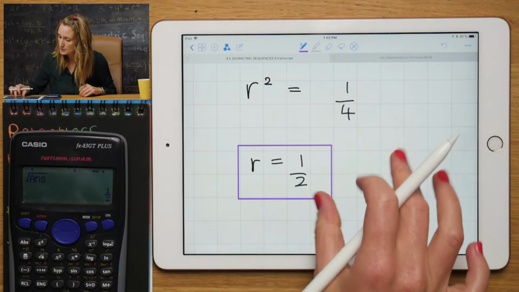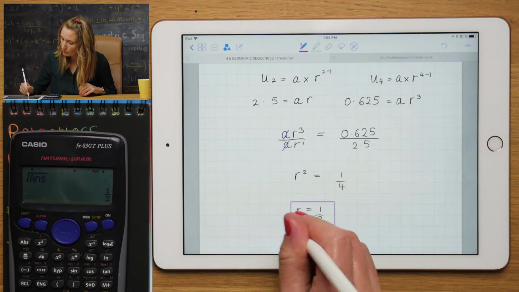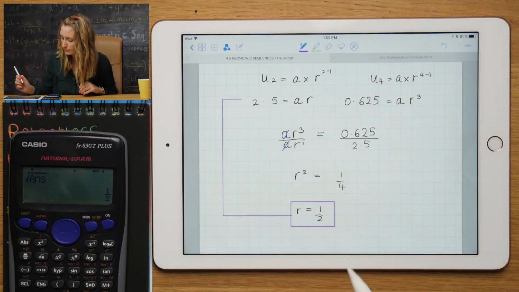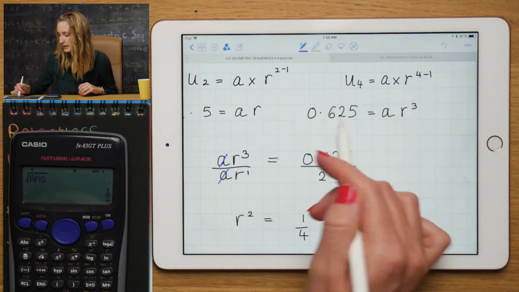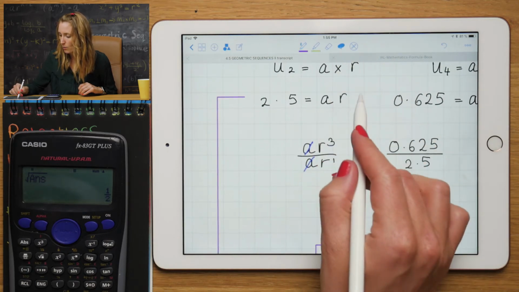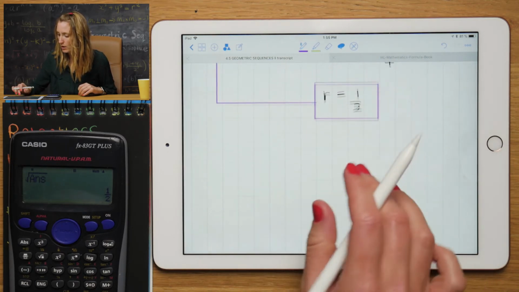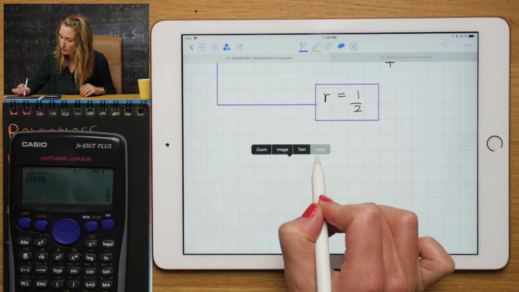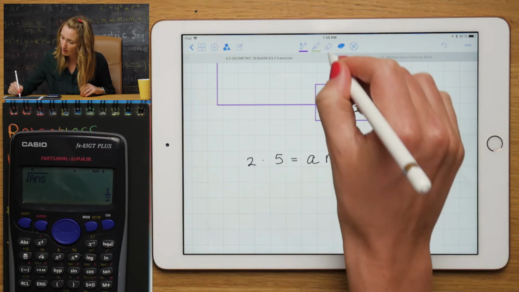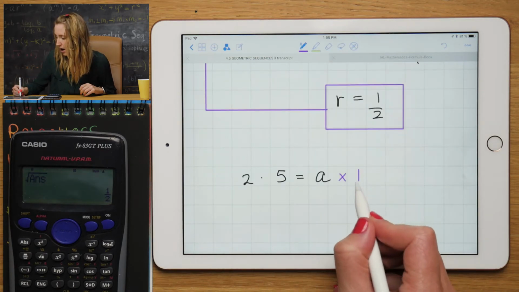Now, you're not finished because we're asked to find both A and r. So what you're going to do is take your r and go right the way back to the start. You could pick either one of your two equations. Substitute in your value that you've just calculated for r. We now know that r is a half.